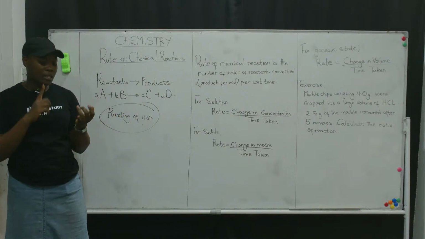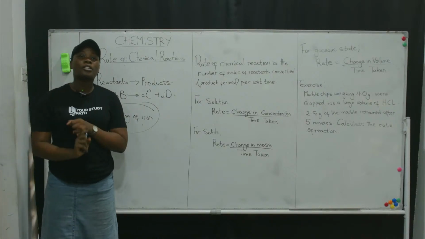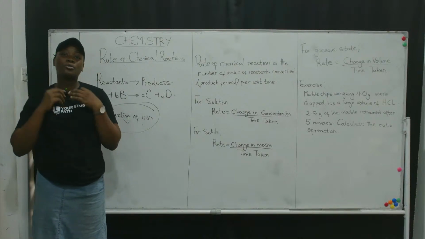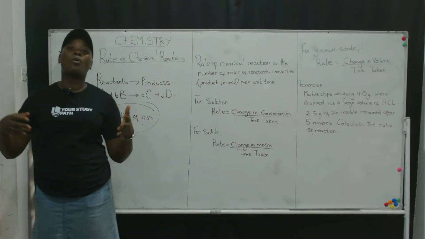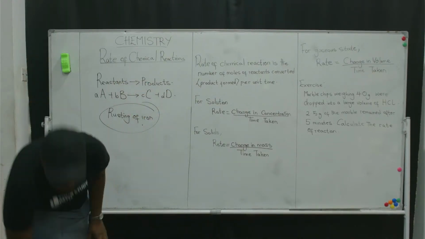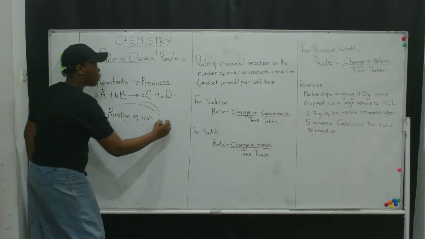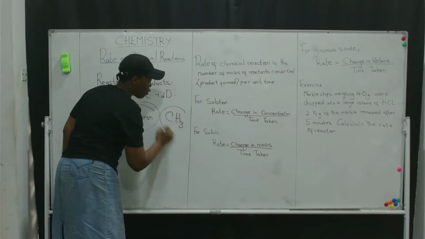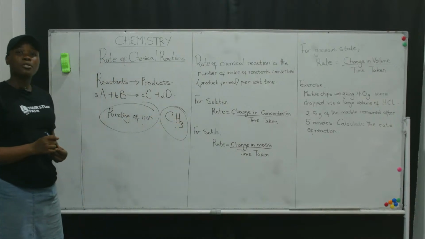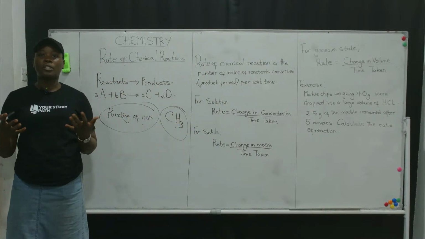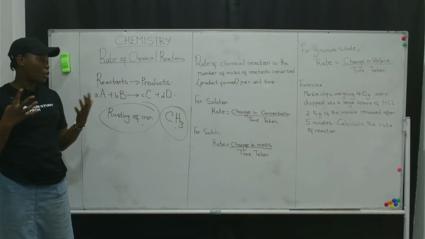And so you can say some reactions are fast, some reactions are slow, and some reactions do not occur in the absence of light. Chlorination of methane will also not occur in the absence of light. So that's some of the reactions that require light.